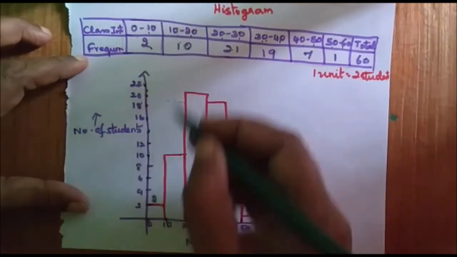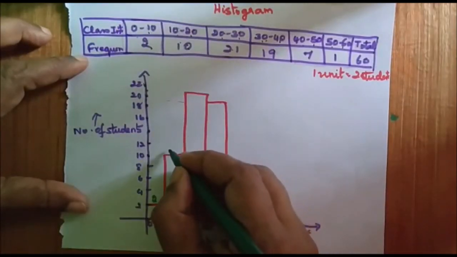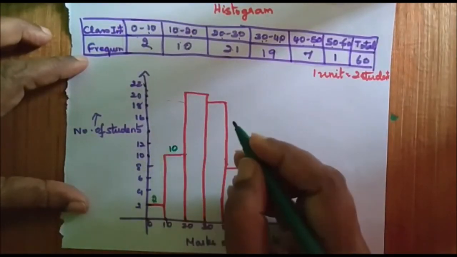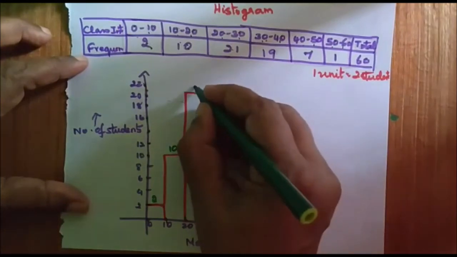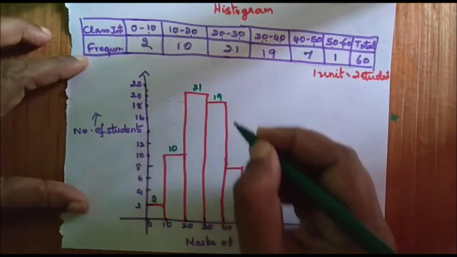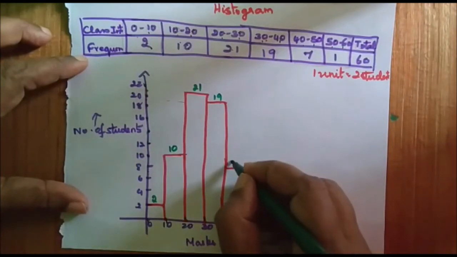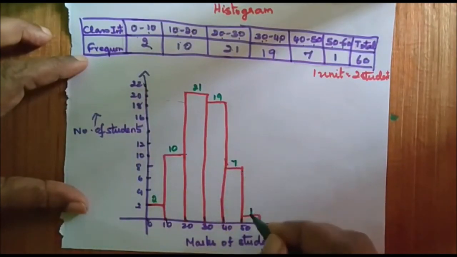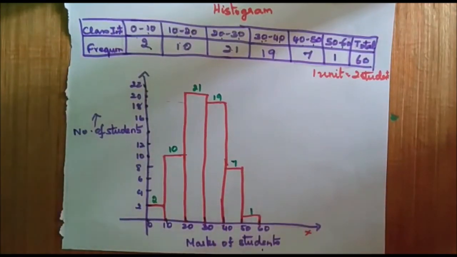Similarly, for the class interval 10 to 20, the number of students is 10. For 20 to 30, it is 21. For 30 to 40, it is 19. For 40 to 50, it is 7. And for 50 to 60, it is 1. So this is how I draw the histogram on a graph.